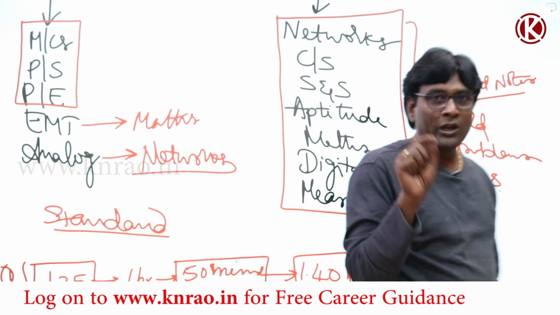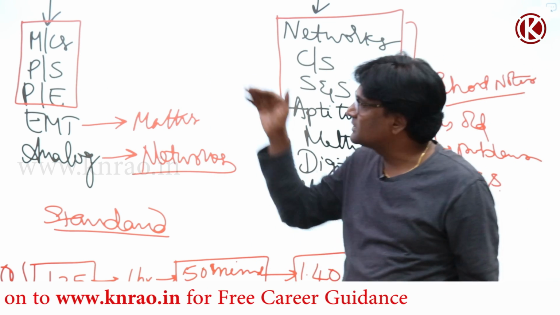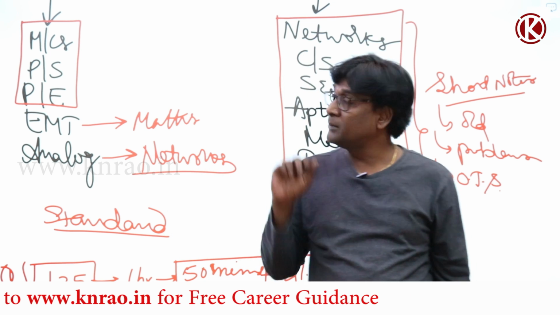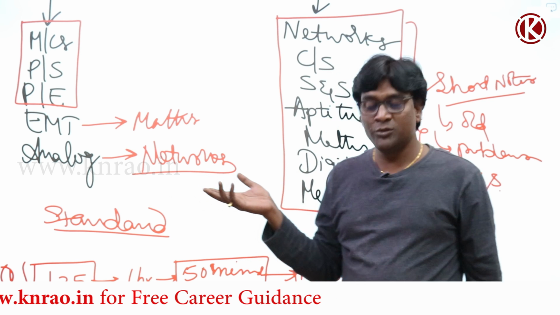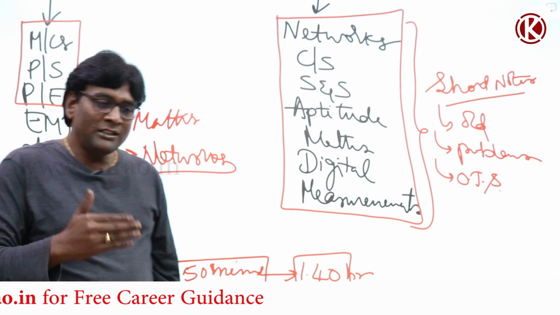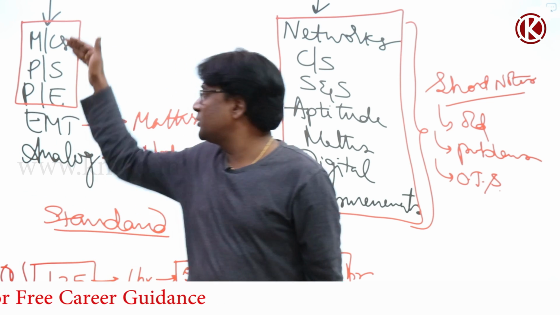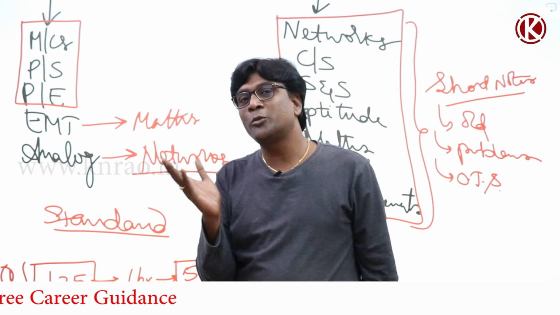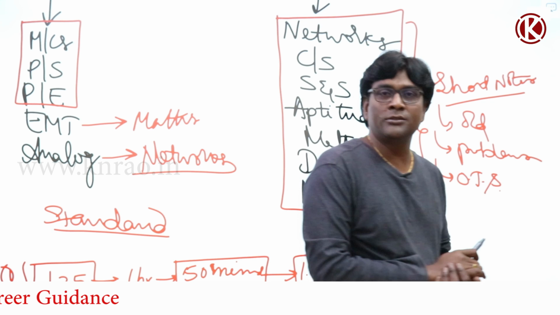Definitely some part of power system, machines, or power electronics will be there in your semester. Those subjects you please complete. Once these are over, next year you can prepare this particular section, since the subjects in your BTech are already completed. In that way it will be good.